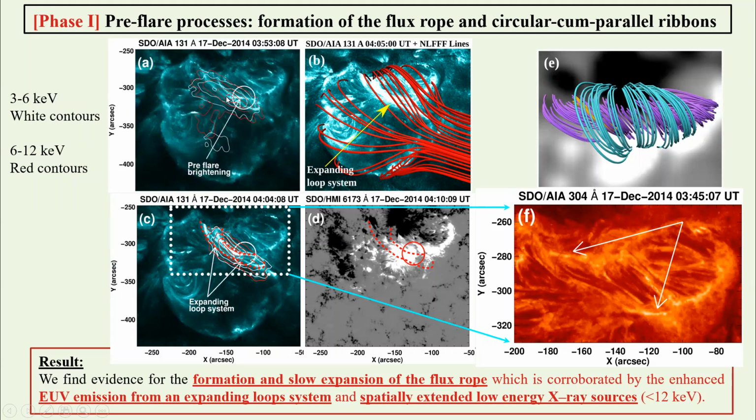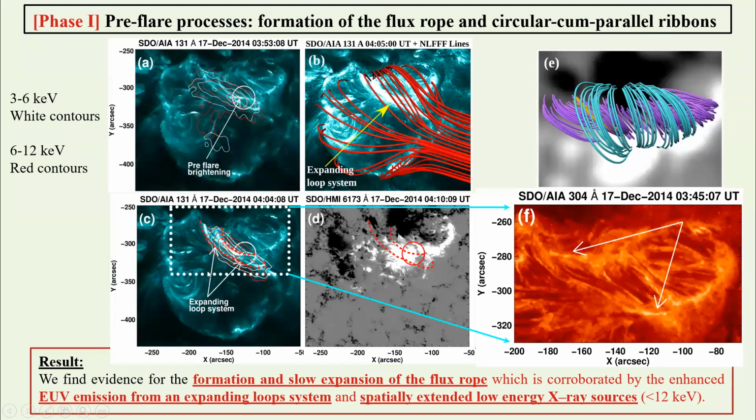In the pre-flare phase, we have some reconnection inside the fan dome, and after reconnection we have the formation of a flux rope and the circular-cum-parallel flare ribbon. So you can see the dark structures like this. These are the expanding loop system, which are part of the formed flux rope.